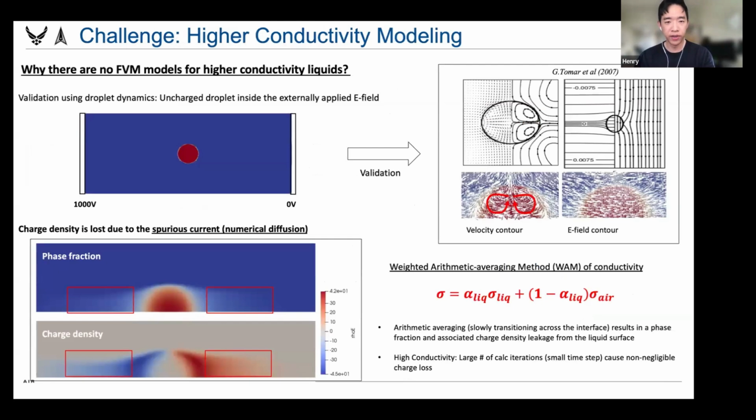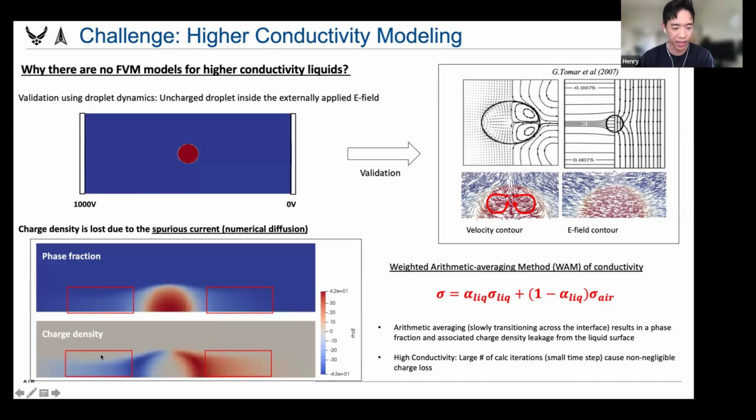The challenge of getting a higher conductivity model is that we used to have spurious current because of numerical diffusion. The original model used the weighted arithmetic averaging method to determine the electrical conductivity based on the cell size. But this arithmetic averaging is slowly transitioning across the interface.